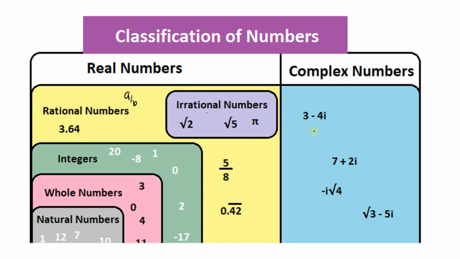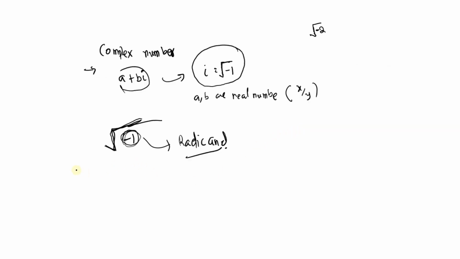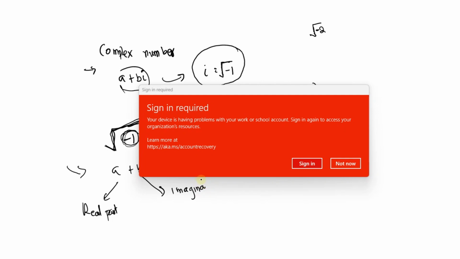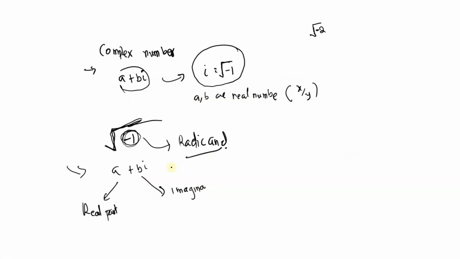So we can have real numbers. Complex numbers, we have a plus bi, right? This part is called the real part of the complex number, and this part is called the imaginary part.